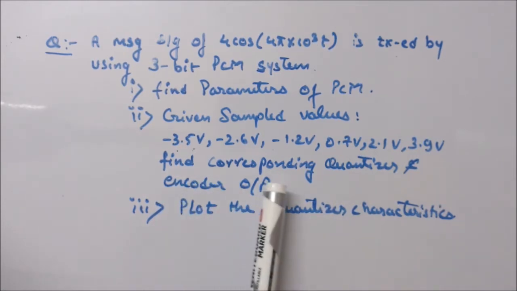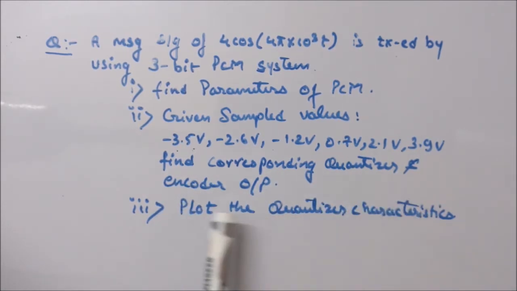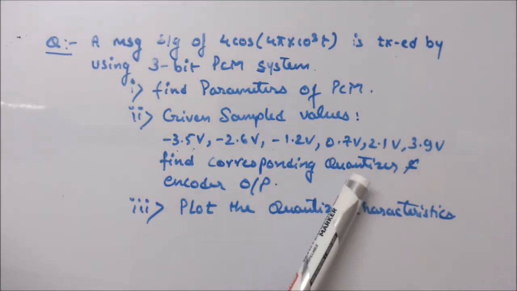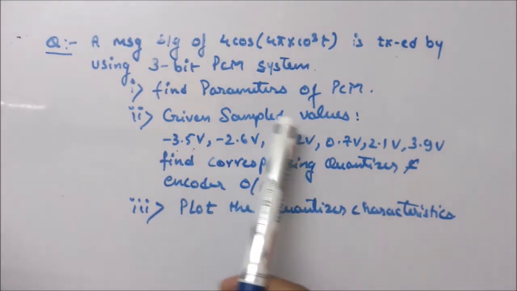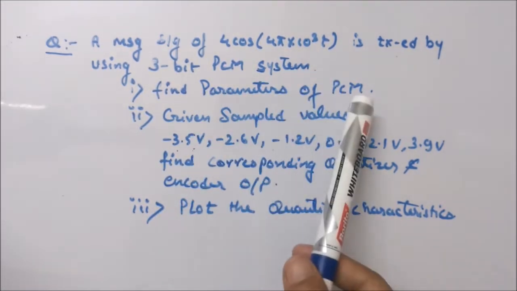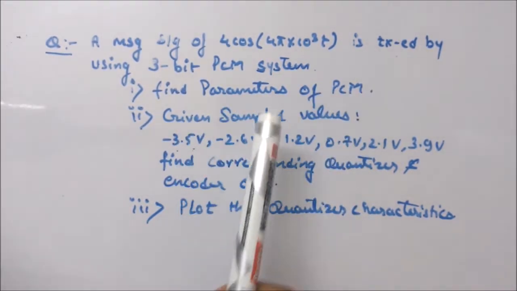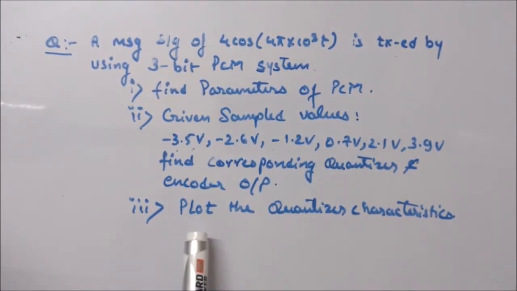You have to find the corresponding quantizer and encoder output. Third, you have to plot the quantizer characteristics.